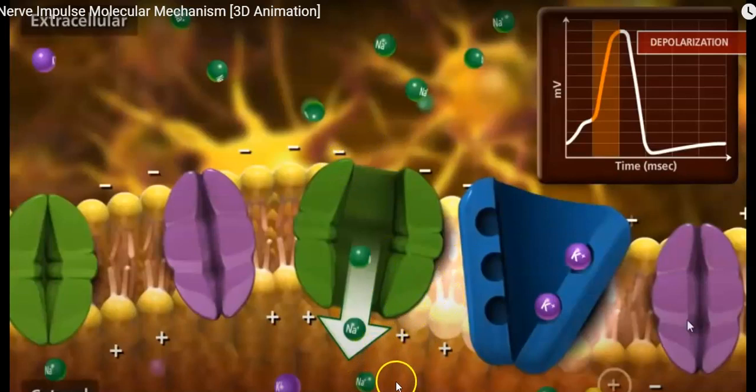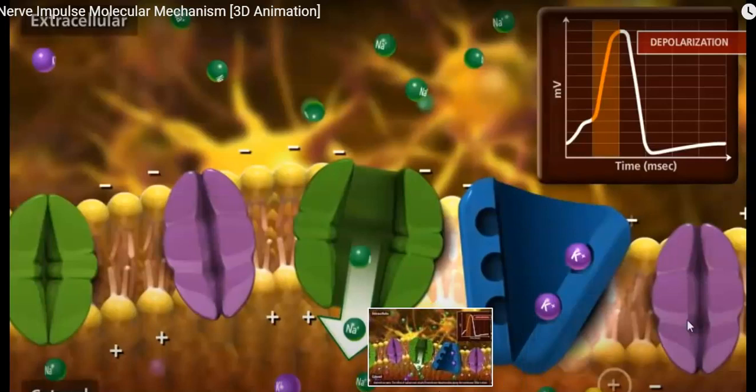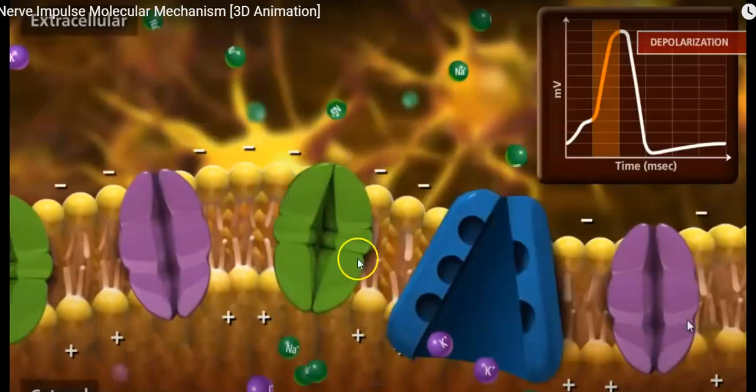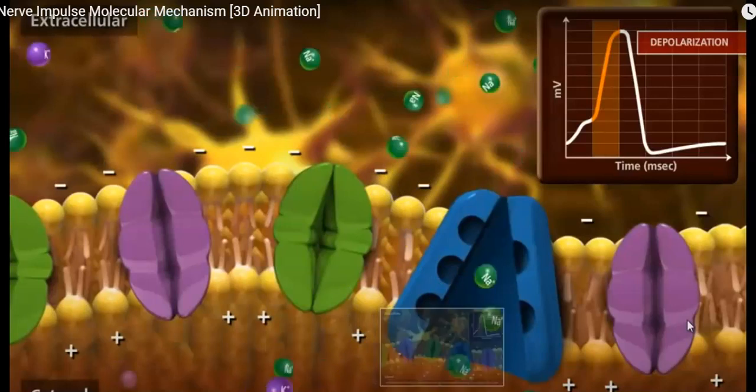A depolarization. When it says depolarize, that means there's not a polarity difference inside and out. That's why I mean a little bit of a misrepresentation. It should be plus on the outside, plus on the inside, depolarized. To be polar would be what you see here, where you have minuses on the outside, pluses on the inside. To depolarize means you have pluses on both inside and outside.